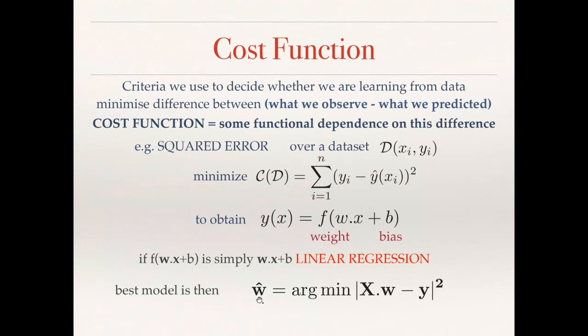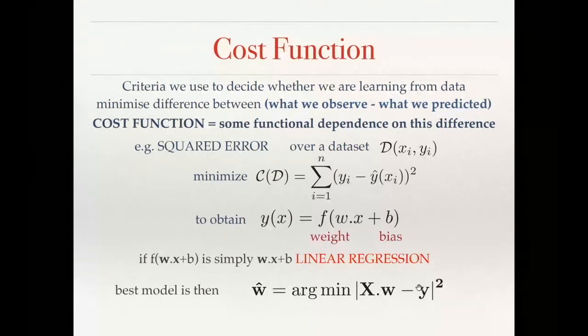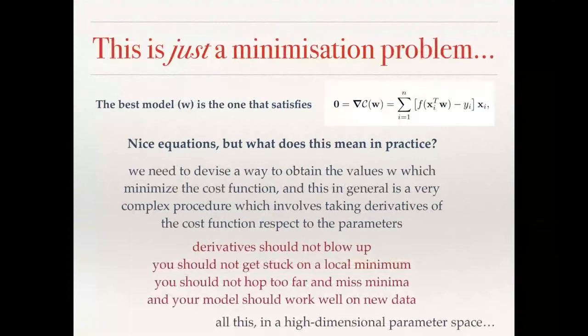So the best model, the one that has the best description that minimizes the error of your prediction, is going to be given by looking at the cost function, which is this thing over here, and minimizing it. What parameters make this error minimal? Now, this is simple enough to say.